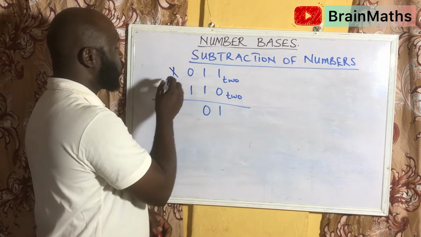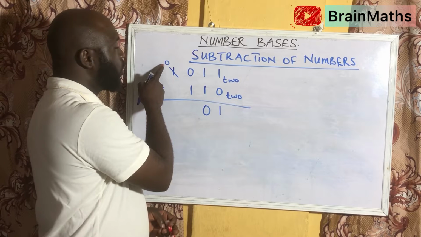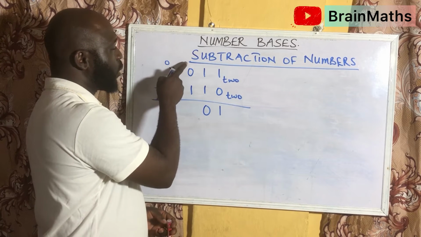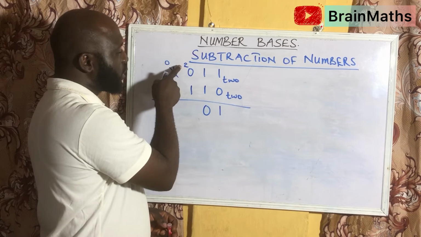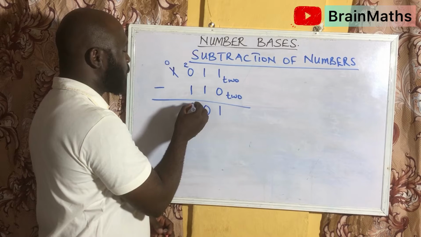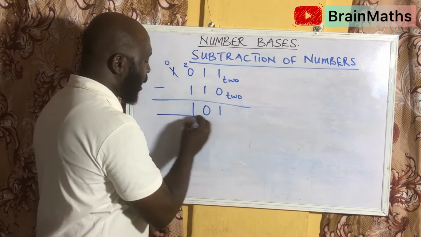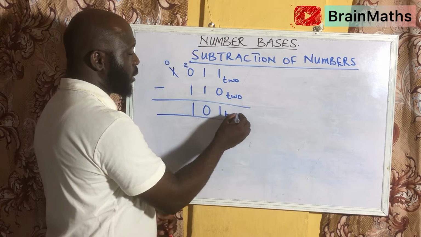Then we come to this one and take 1 from it. Then it remains 0. The one taken from here, when you put it here, it is actually 2. We will treat the 1 as 2. Then we say 2 minus 1 will give us 1. So our answer is 1, 0, 1 in base 2.